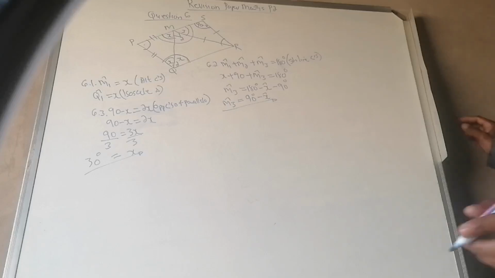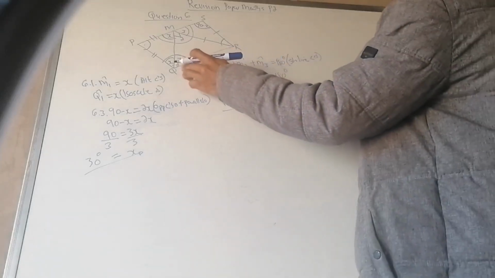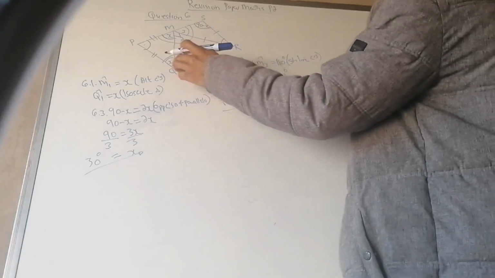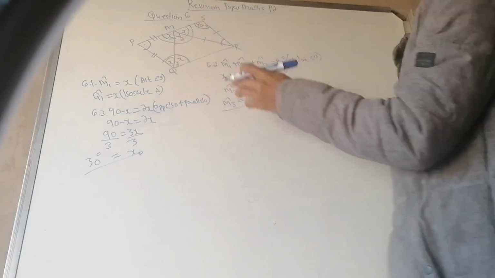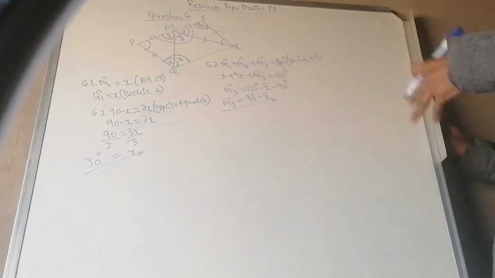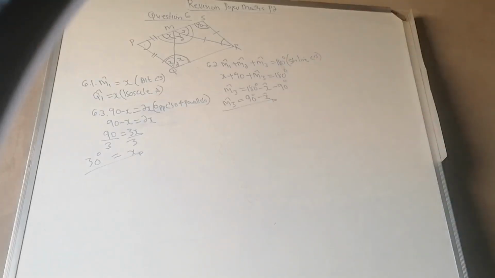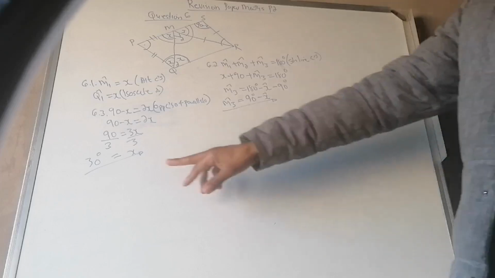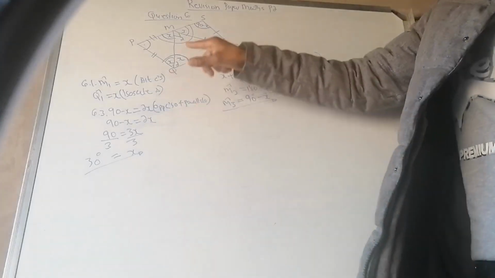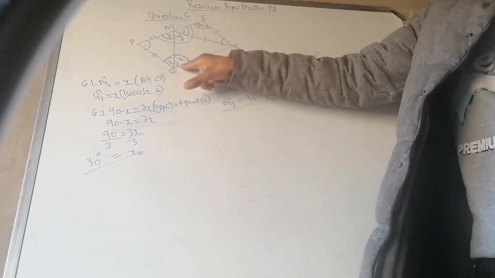It's true that we know this angle is equal to this angle. This angle is X plus X, which is 2X. That's true. It's just that we wrote the same thing in a different way. That's why we got the correct answer: because 2X equals 2X.